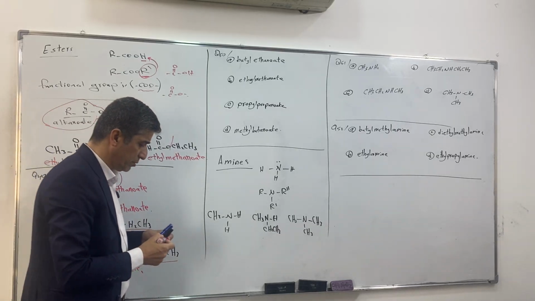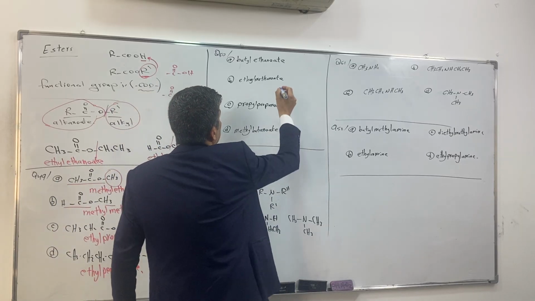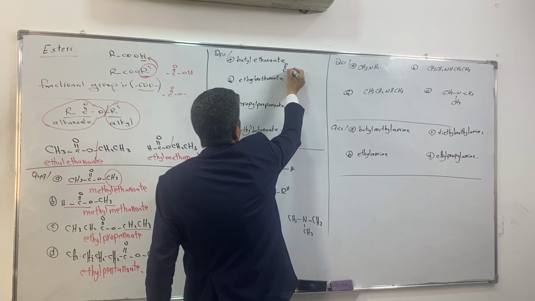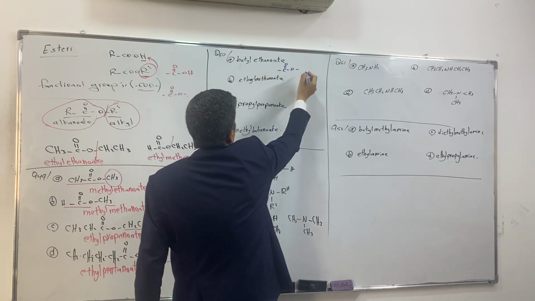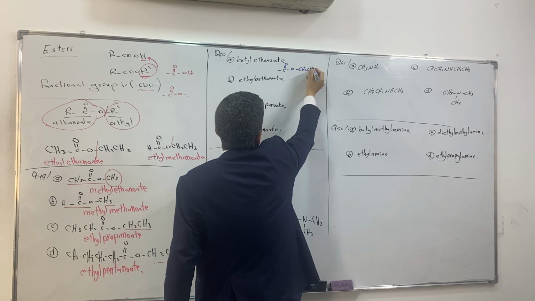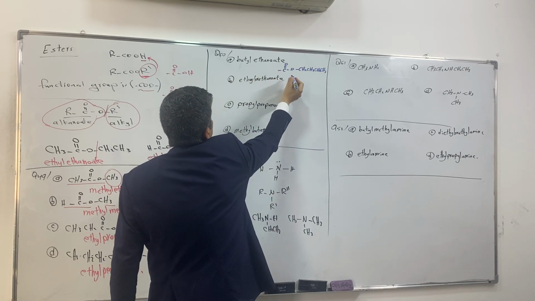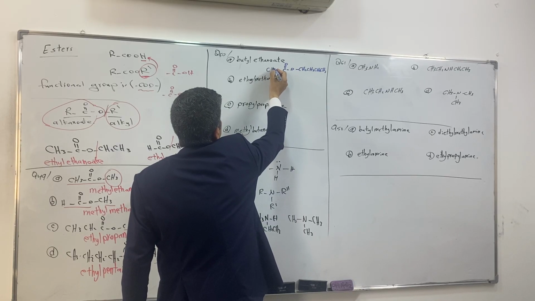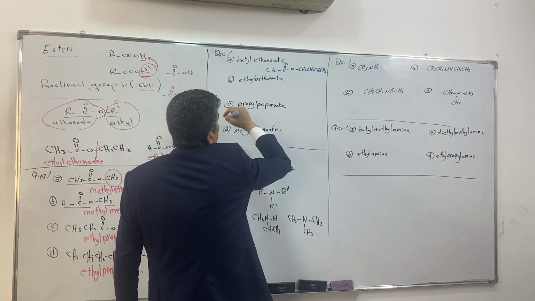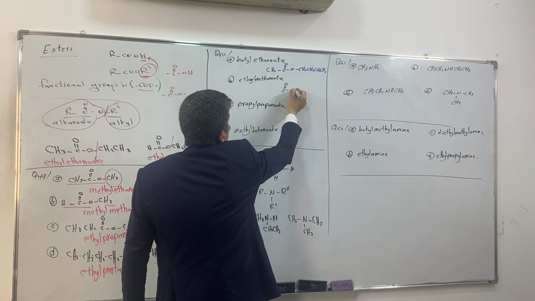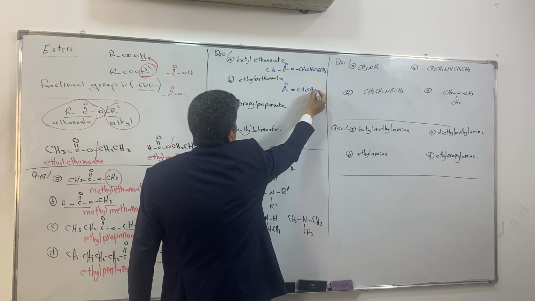When we draw the structure of esters, first write the carboxylic group here for all structures. We have butyl, 4 carbon atoms, on the right-hand side, and ethanoate, 2 carbon atoms, 1 2. This is butyl ethanoate. Ethyl methanoate: ethyl also has 2 carbon atoms, CH2 CH3.